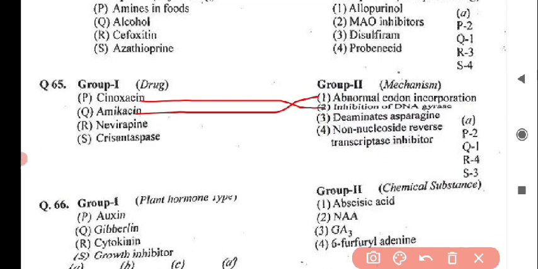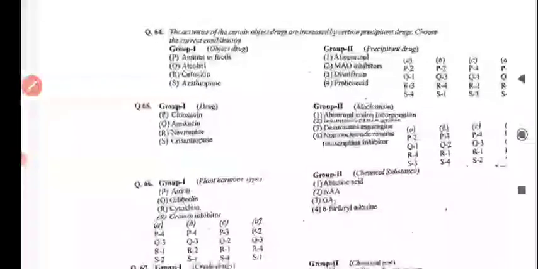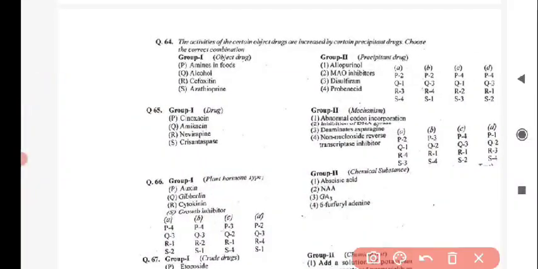For the another compound, that is nevirapine, the correct answer is option number 4, that is non-nucleoside reverse transcriptase inhibitor. For crescentespase, the correct answer is option number 3, that is deaminase asparagine. So for this, the correct answer is option number A.